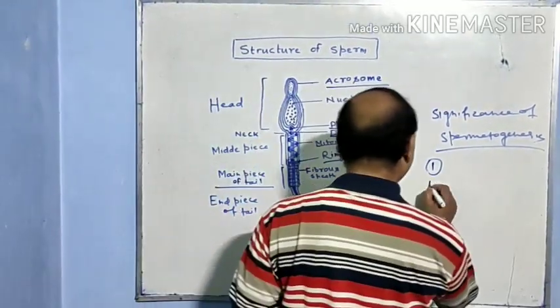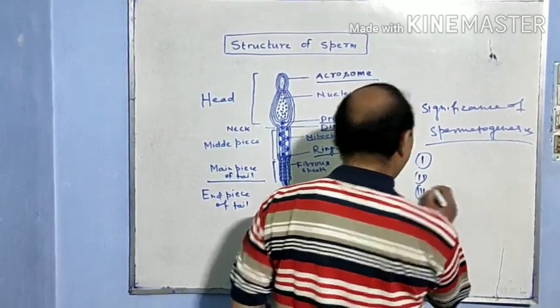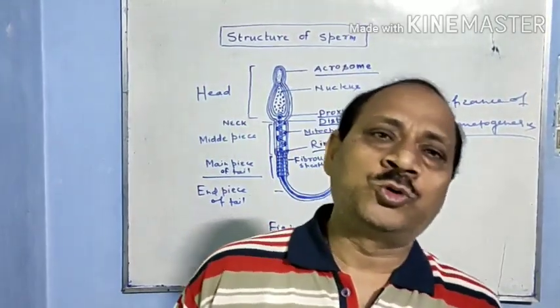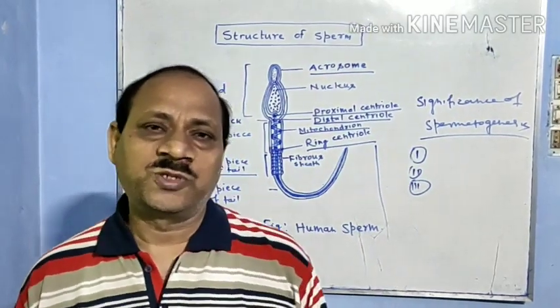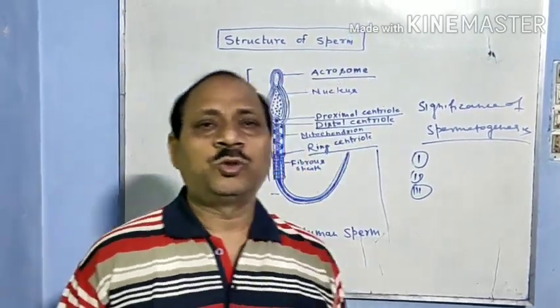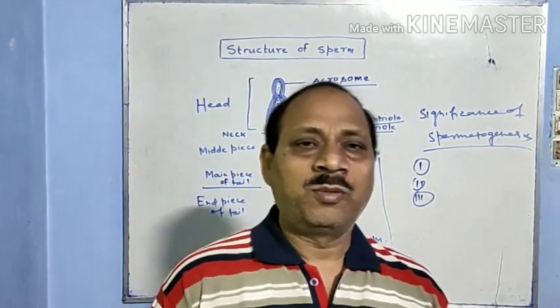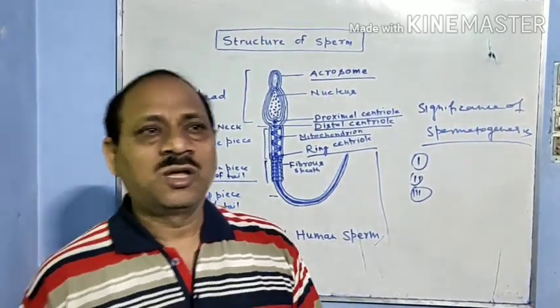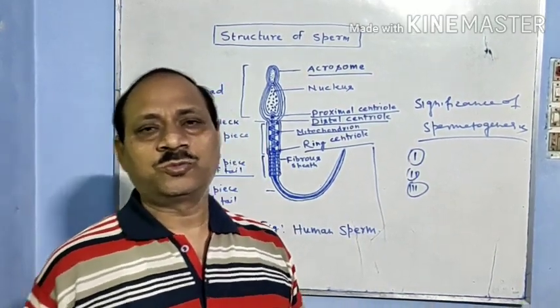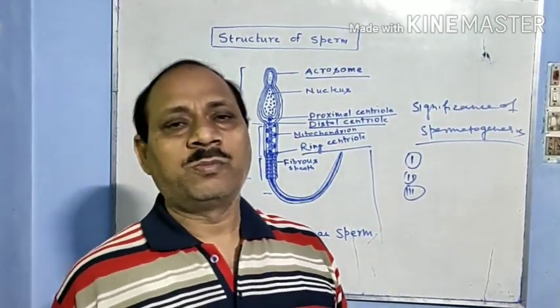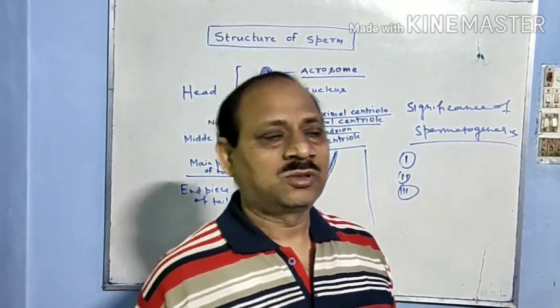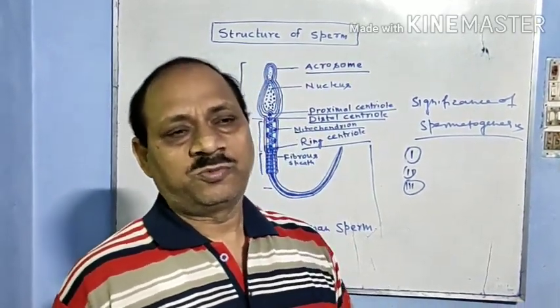Next point, it maintains the number of chromosomes of a species because during fertilization, male gamete and female gamete are fused. Half number of chromosomes come from male and remaining half chromosomes comes from female.